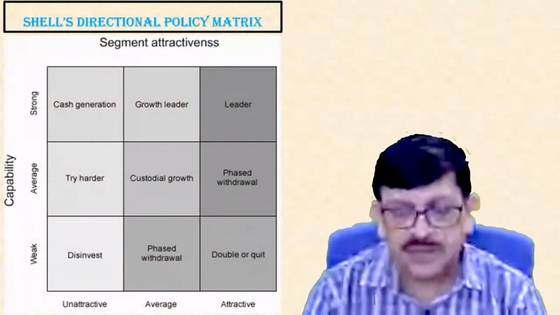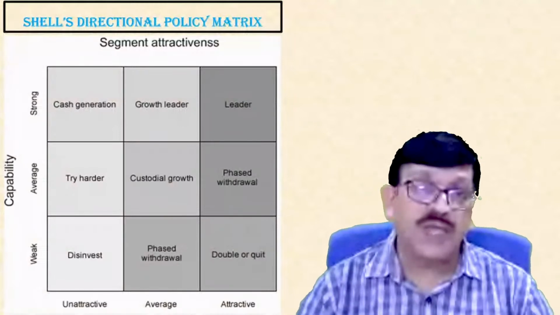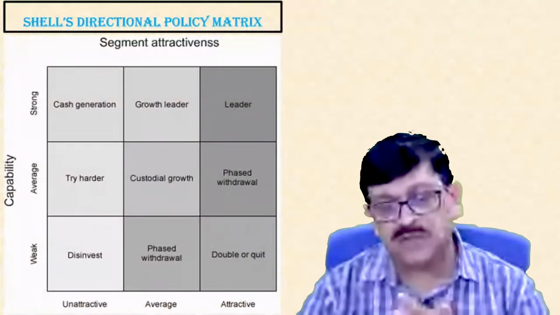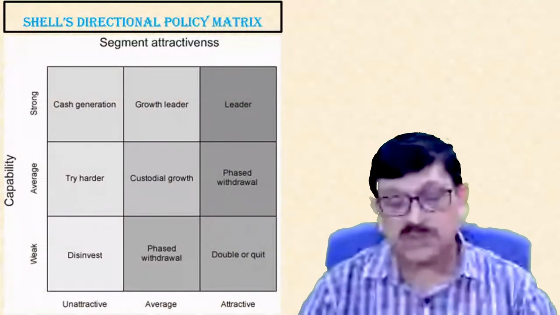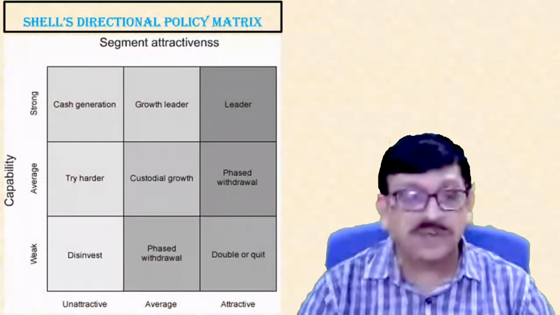Obviously, we look into whether there are government policies which help in achieving the objectives. That's another area we look into under market attractiveness, which comes under business sector prospects.